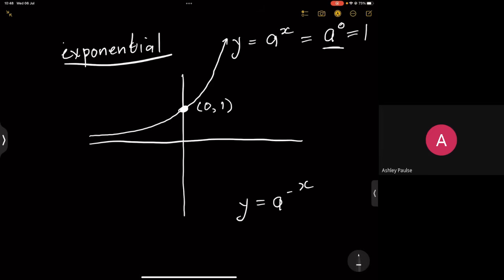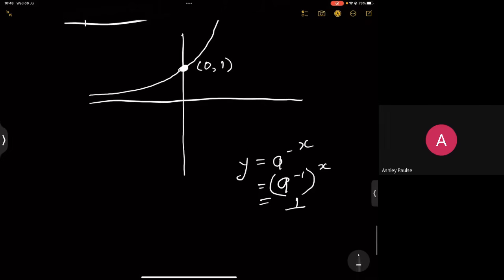If you think about exponents, let me write it down in full. This would be a to the power of minus 1 times x. So therefore, this is the same as having 1 over a to the power of x.